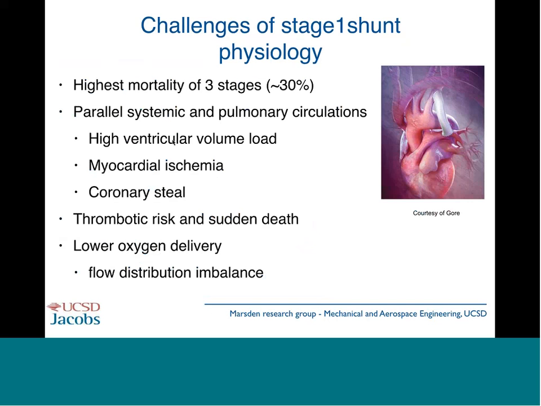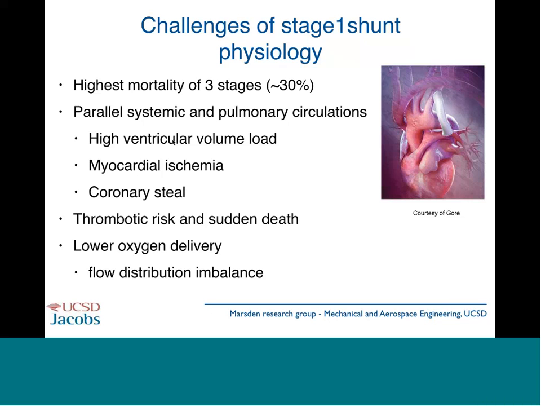And so that means that the one ventricle that you have is having to do the work to pump to both circulations in parallel. So there's about twice the normal ventricular volume load. That can also lead to myocardial ischemia and coronary steal.